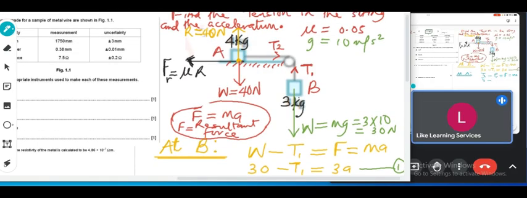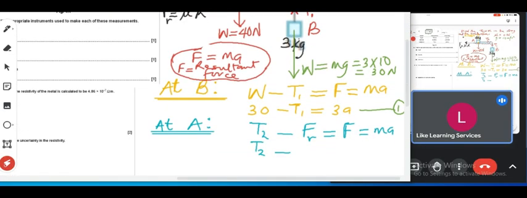Frictional force is mu R. Mu is 0.05, normal reaction is 40. So 0.05 times 40 is equal to MA, which is 4A.